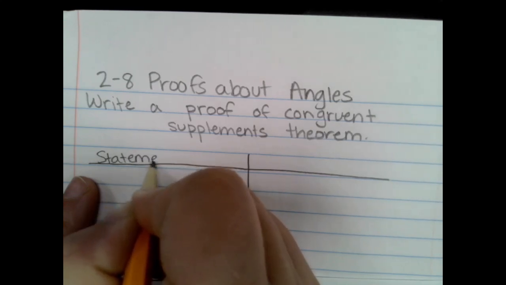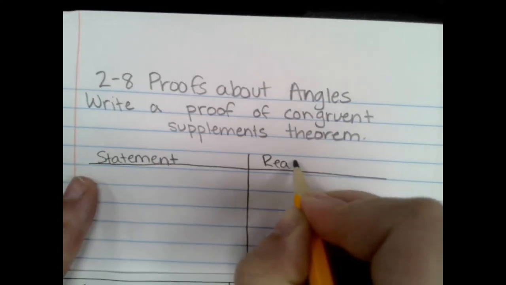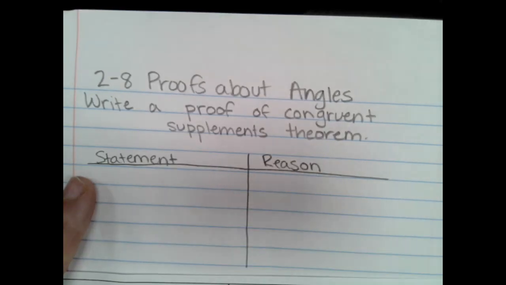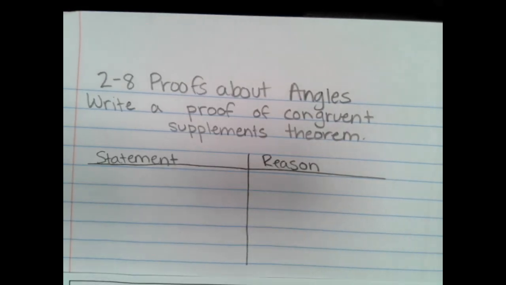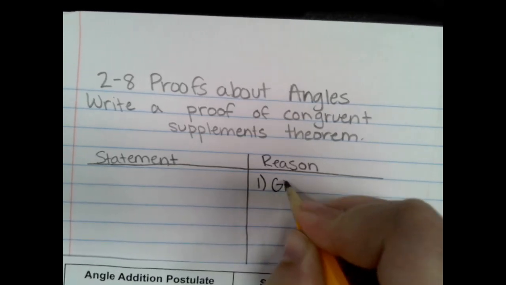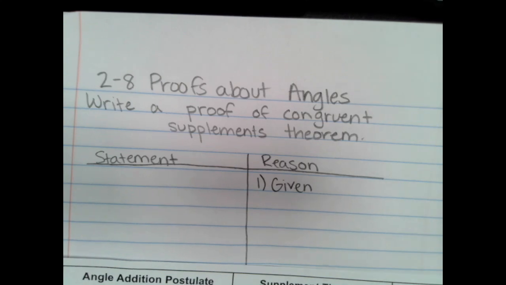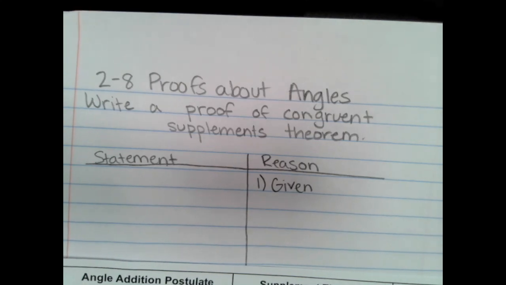Right side is reason. And our first reason is always given. Now you're probably like, what the heck is given, right? All it says is write a proof of the congruent supplements theorem.